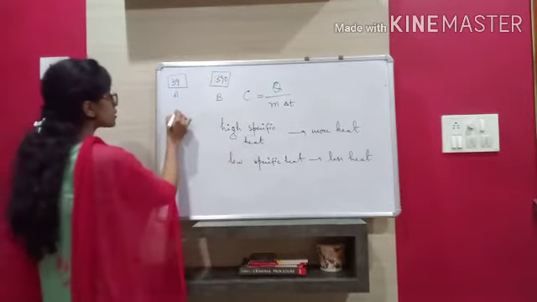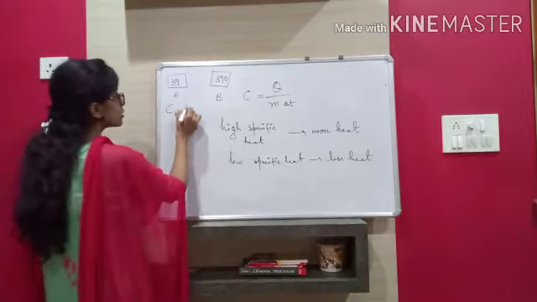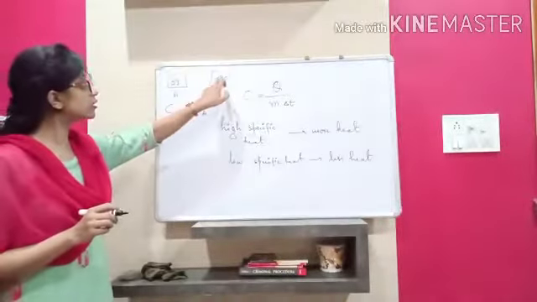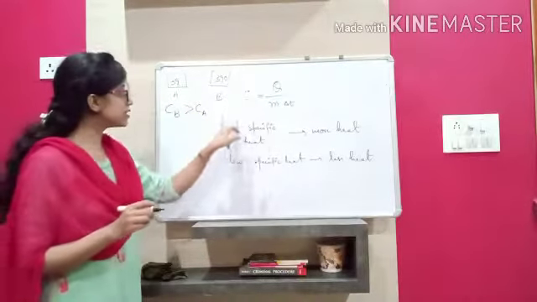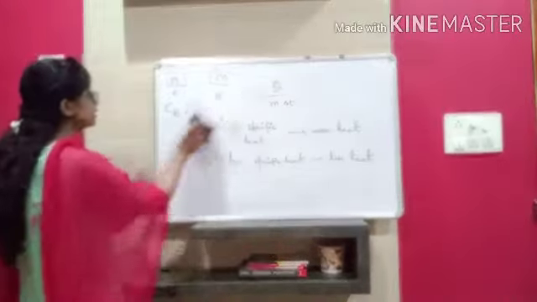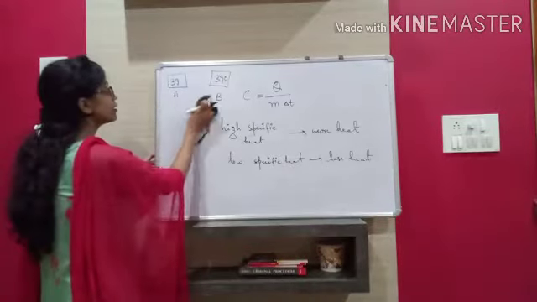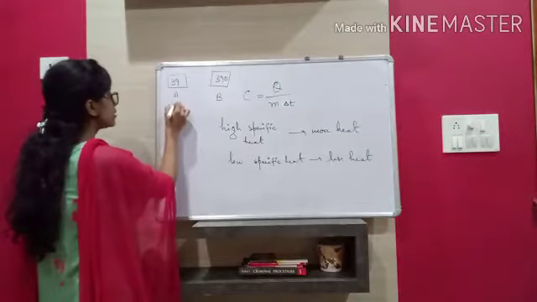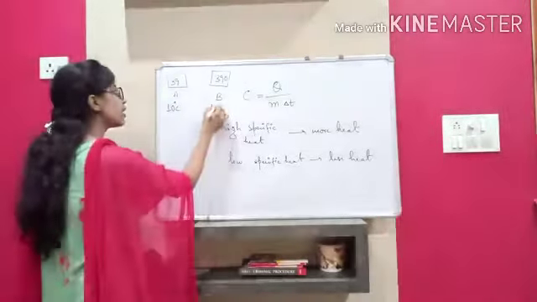So that means the specific heat of B is greater than the specific heat of A. That means if the value of c is high, it will absorb more heat. Now let's say that both the bodies are at the same temperature. A is at 10 degrees Celsius, B is also at 10 degrees Celsius.